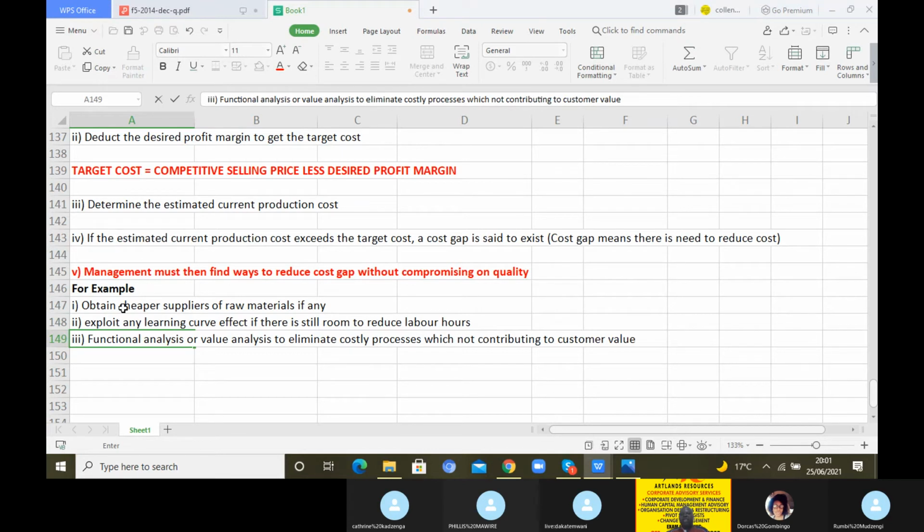You know, there are quite a lot of costly processes which are not contributing to customer value. You know those.